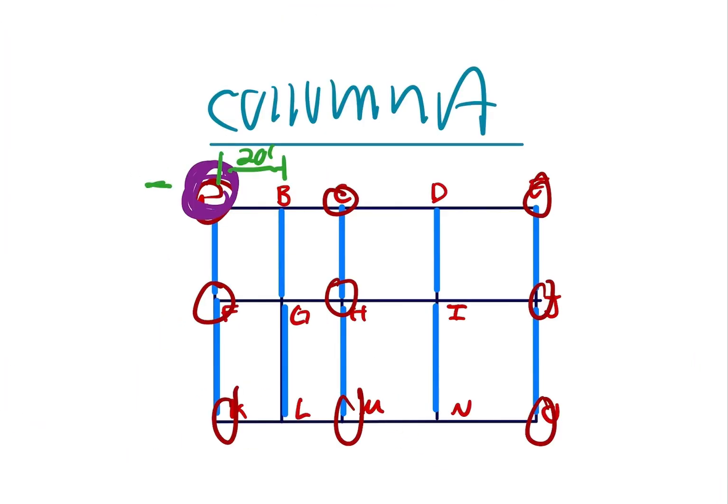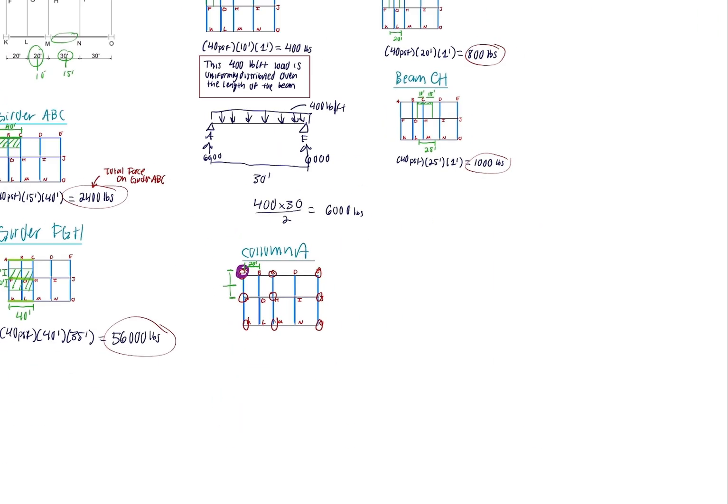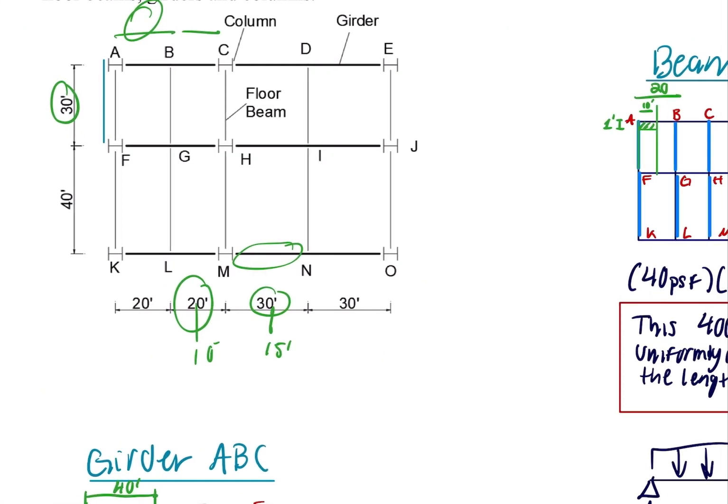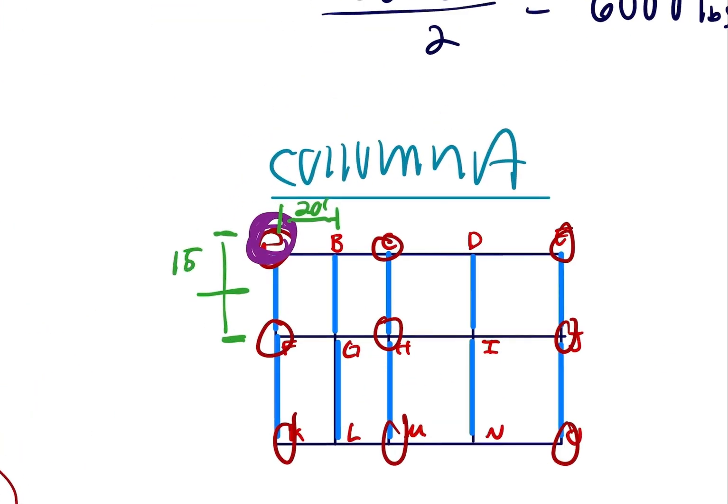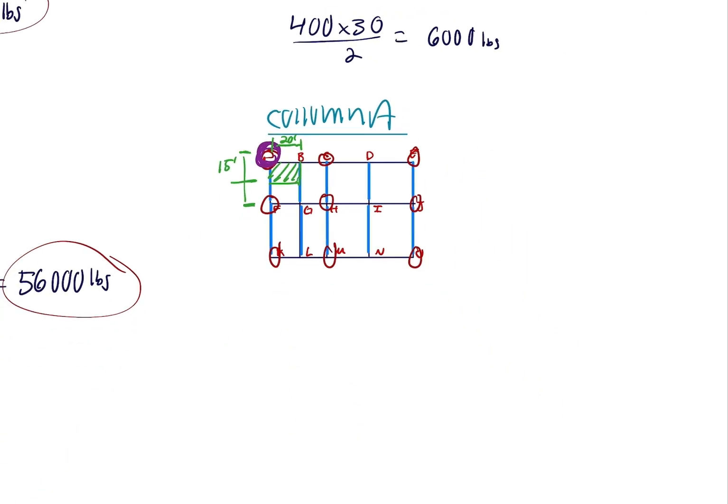And then we see that it has one column here and one column here, so it will have to divide this length. It will be half of 30, which is 15. So this will be 15 feet. So then we will draw, this will be the tributary area for column A.